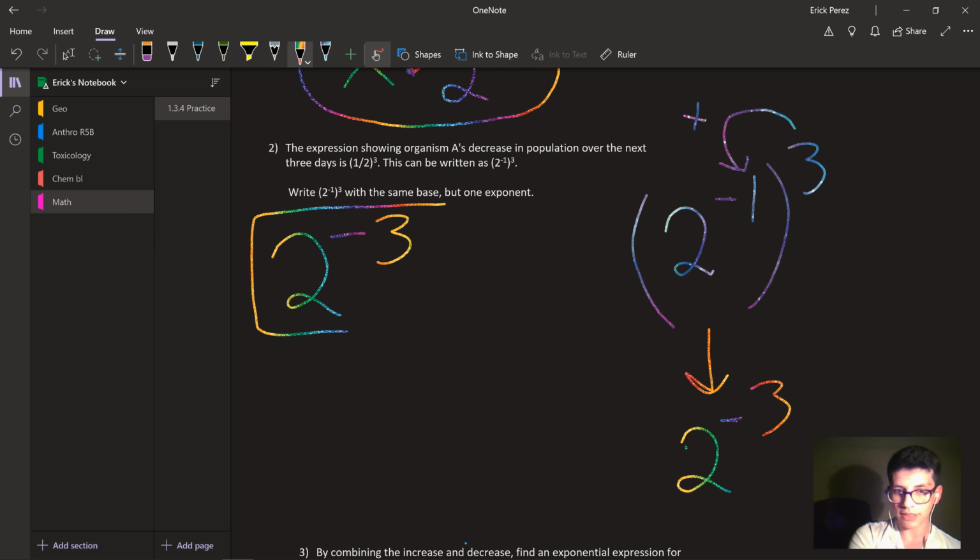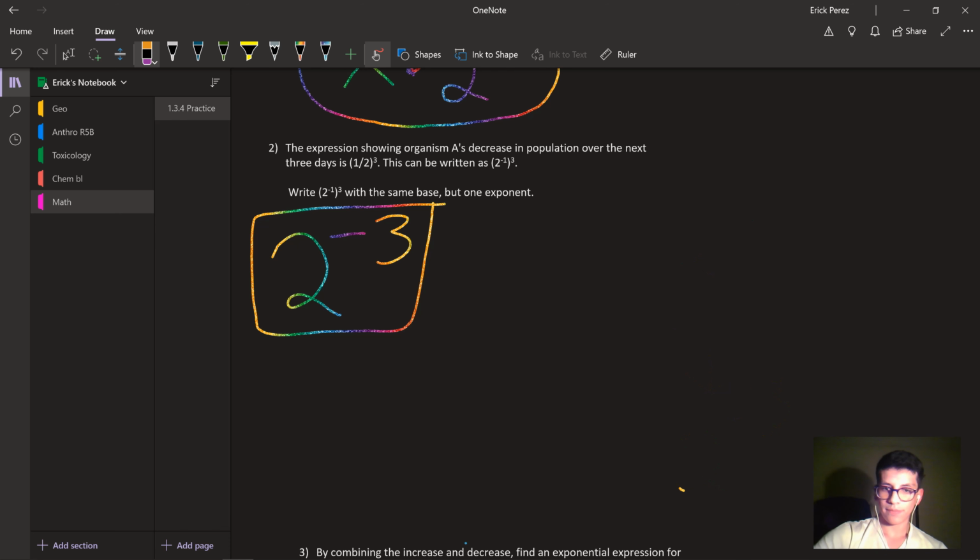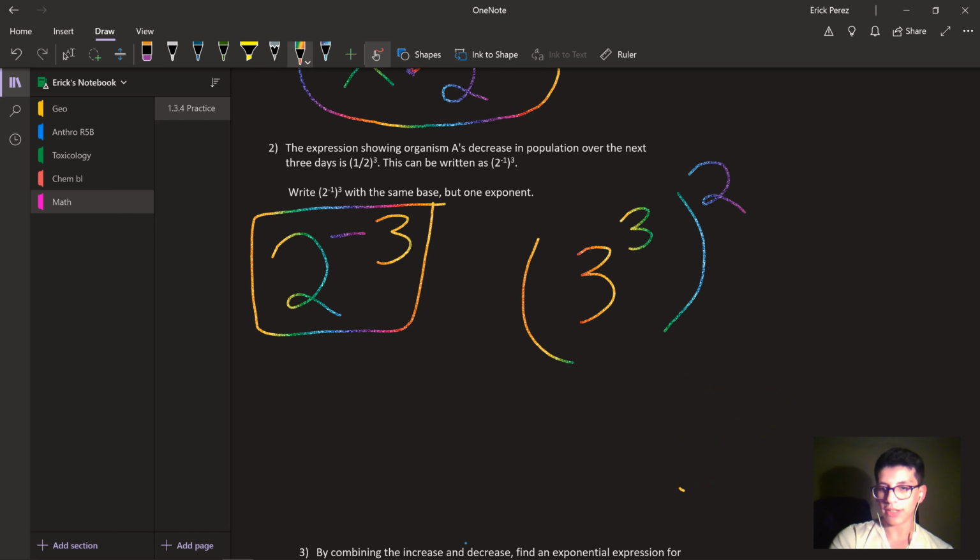That's your answer. Okay, and I'm just going to give you a little bit more examples of what else could come up like that. Let me just erase real quick. Sorry, this is taking a little bit. So if I have 3 to the 3rd power to the 2nd power, what you would have to do is take this 2, see that 3, and multiply that.